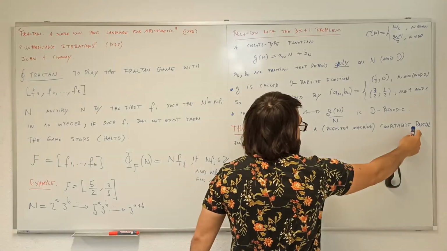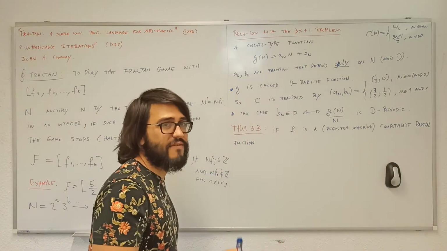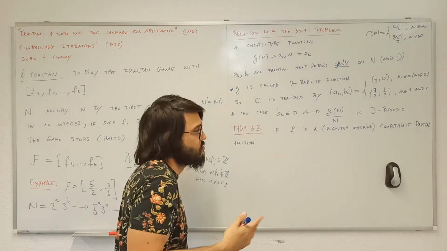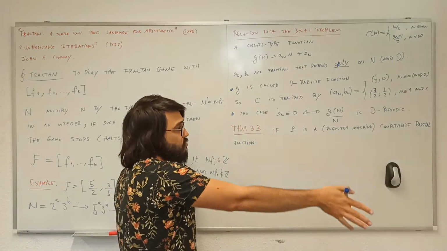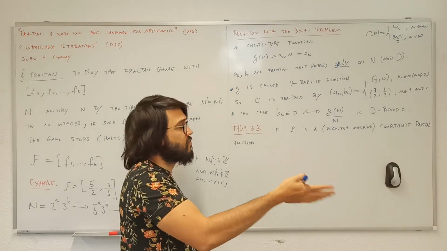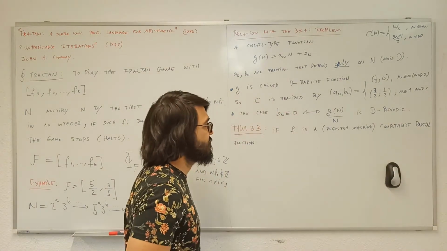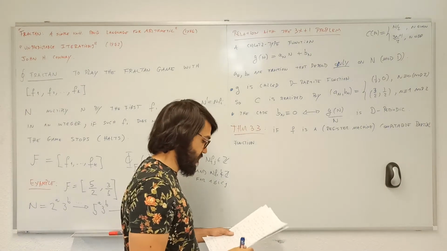Partial just means that the function is not defined in the whole set of integers. So I will always be talking about functions that map integers into fractions or integers into integers, and partial here will always mean that it's maybe not defined in the whole set of integers.